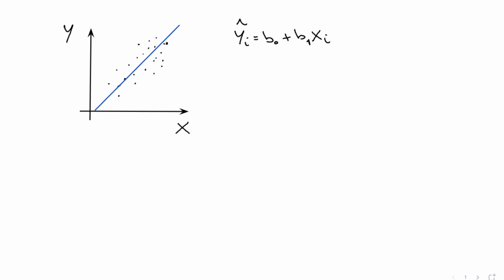For example, this person is right here, but I predicted for them a slightly higher y, you see? And this is what we call the fitted residual, which is the difference between the true y and our prediction for y. Now, this line is still missing. I am still having some of these residuals. I don't predict perfectly well.